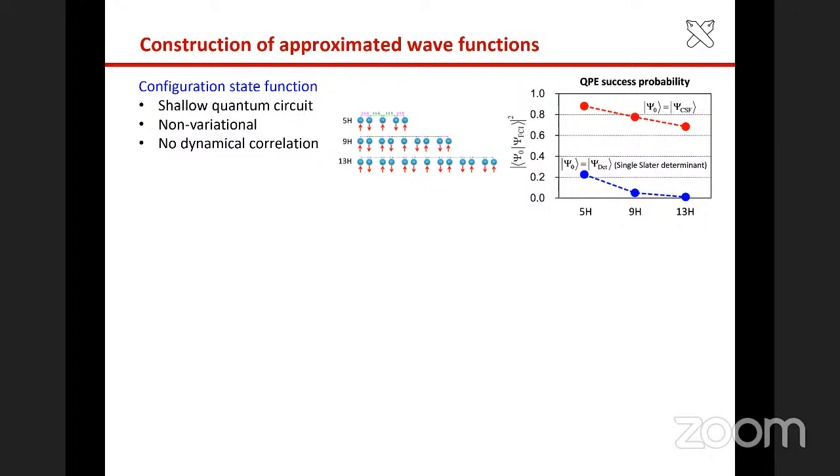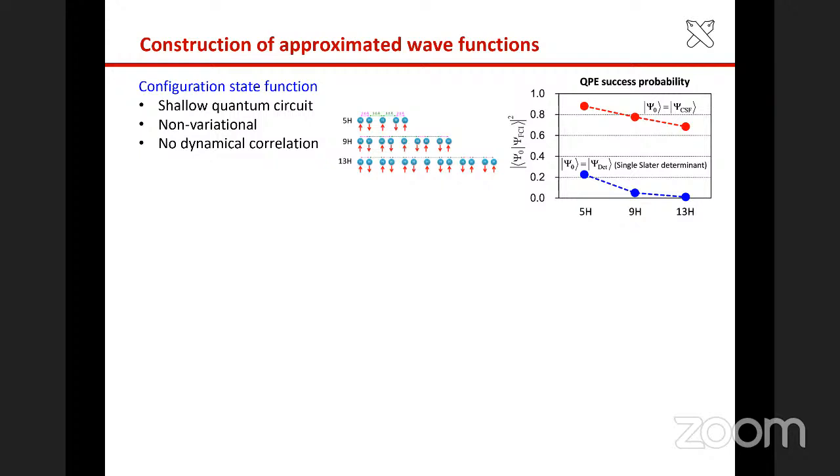But the wave function obtained using this approach is non-variational. Unfortunately, this configuration wave function does not include dynamic correlation effects. So if we expand the system from 5 hydrogen atoms to 9, 11, 13, the success probability of QPE becomes something like this.